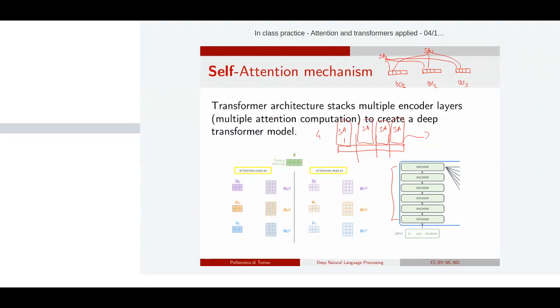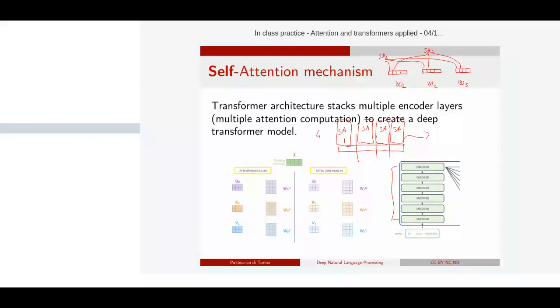Yes, different parts of the same word. We split the vector representation of the word, not the sequence, not the input sentence, but the vector representations. This is why usually the vector representation dimension is a power of 2, because then we have a power of 2 also for the number of heads.